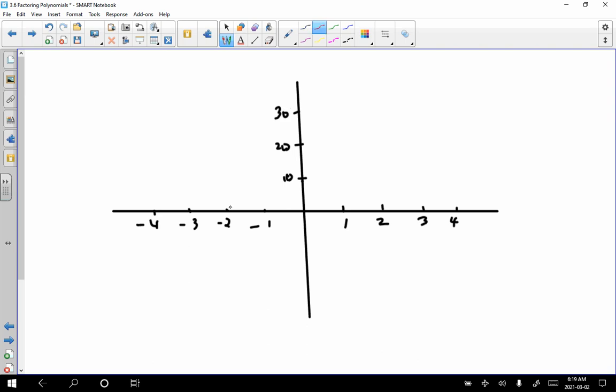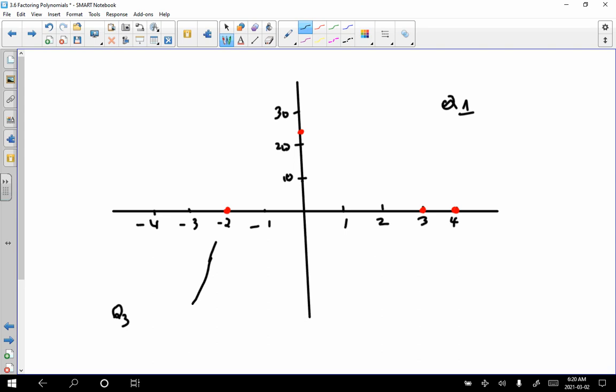So our zeros are negative 2, so it's going to be here, positive 3, positive 4, and we also have a y-intercept of 24 right there. So to sketch this graph, we need to start in quadrant 3 and go to quadrant 1 because it's a degree 3 and it has a positive leading coefficient.